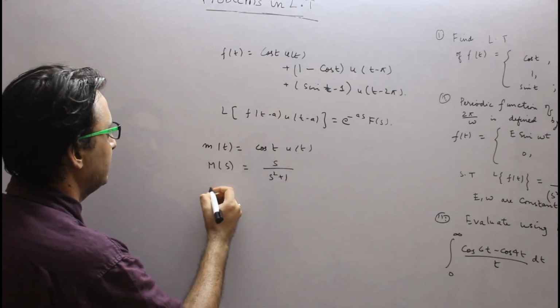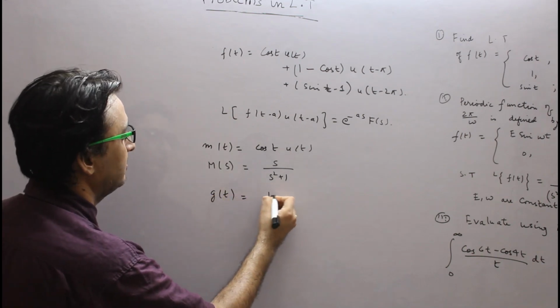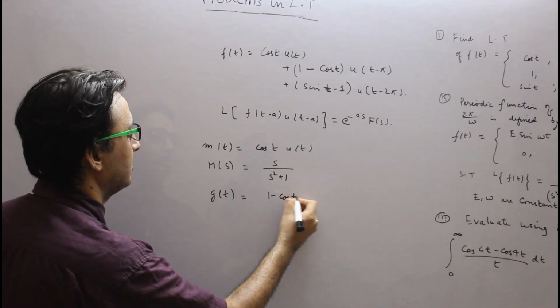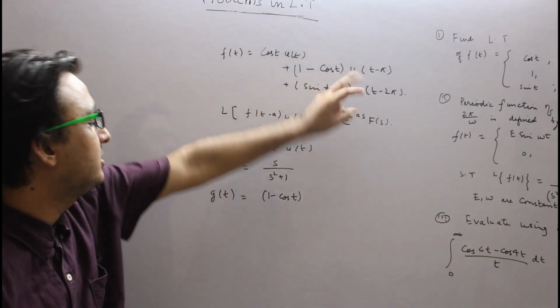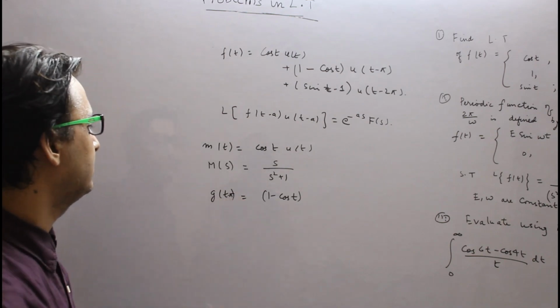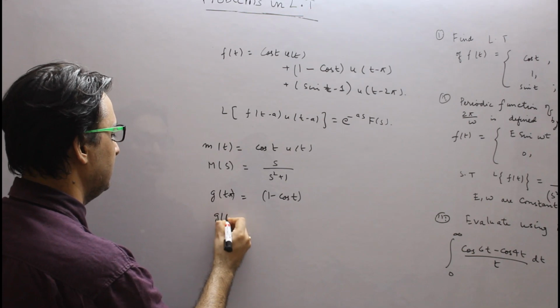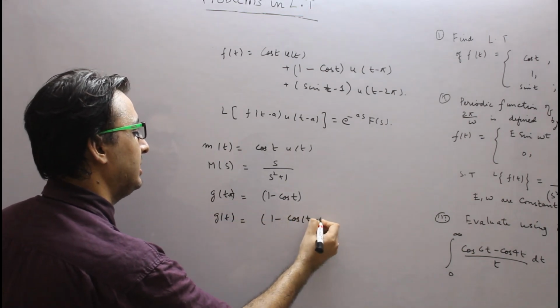Now for the second function, say g(t) is equal to 1 minus cos t. Here it is a shifted value, so we will write g(t minus pi). What becomes of g(t) if we shift by pi? It becomes 1 minus cos(t minus pi).